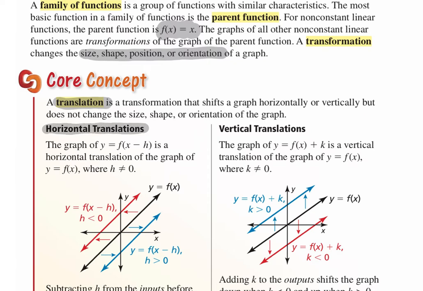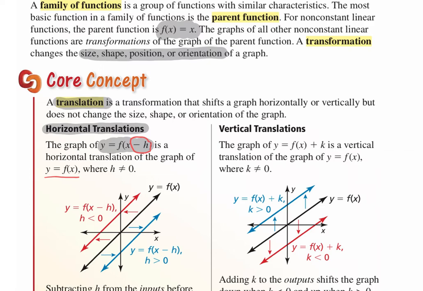A horizontal translation is written in the form y equals f of x minus h. The big thing that you need to notice here is that we are subtracting h from every x value. That is a horizontal translation of the graph y equals f of x, which is our parent function, where h is not equal to 0.